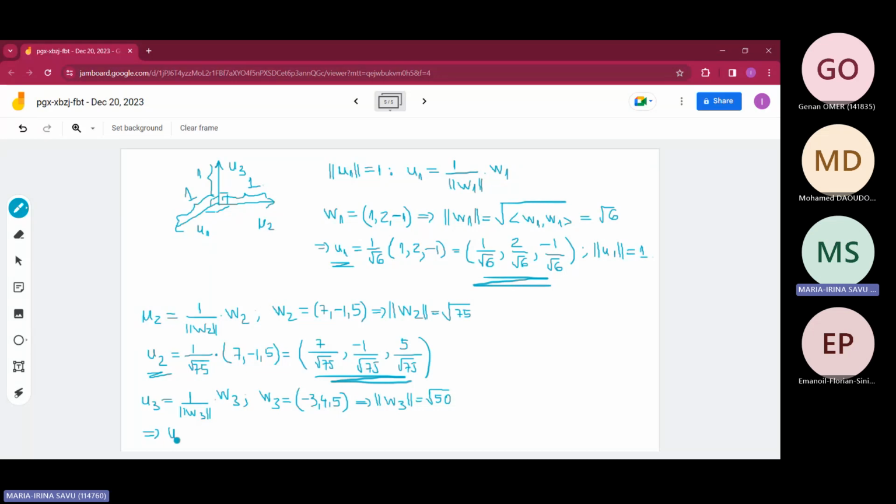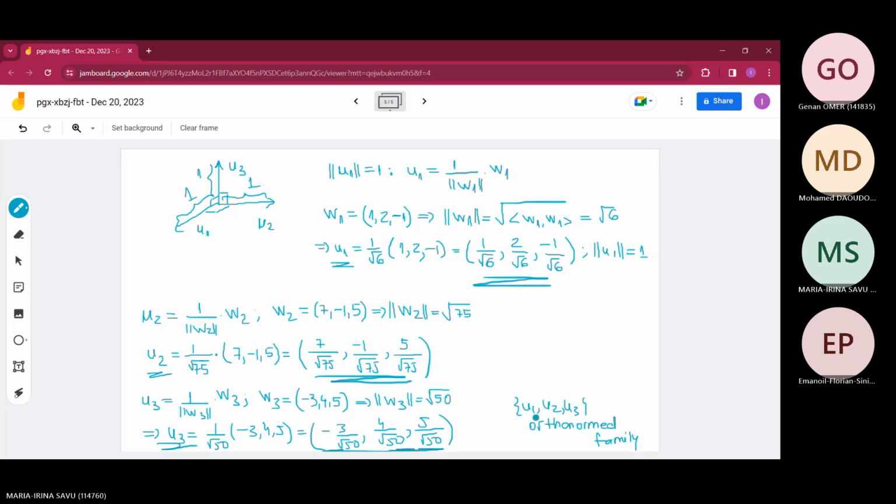So U3 is 1 over square root of 50 times minus 3, 4, 5. So U1, U2, U3 is done.